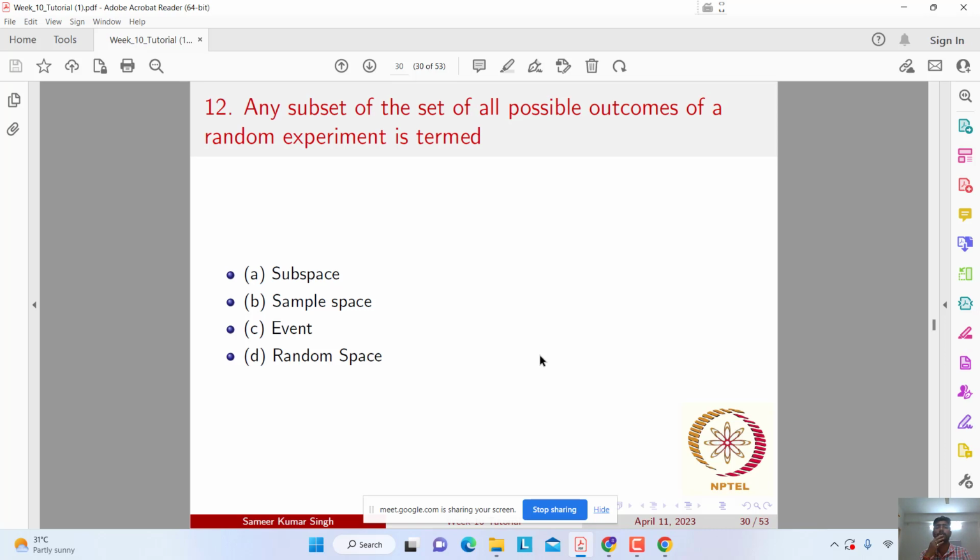Any subset of the set of all possible outcomes of a random experiment is termed... The subset of the set of all possible outcomes.